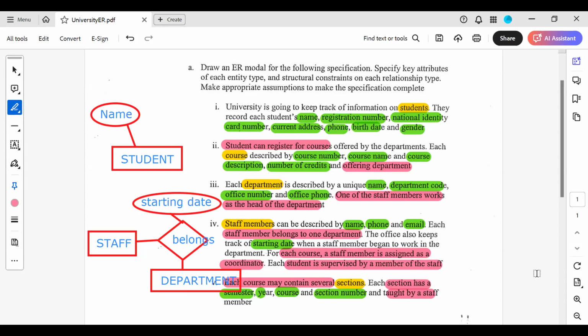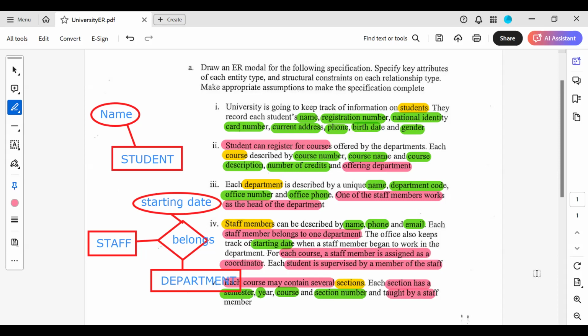Good. Then let's move on to the next one. A staff member belongs to a department. Staff and department. Is it one to many, or many to many? What do you think?